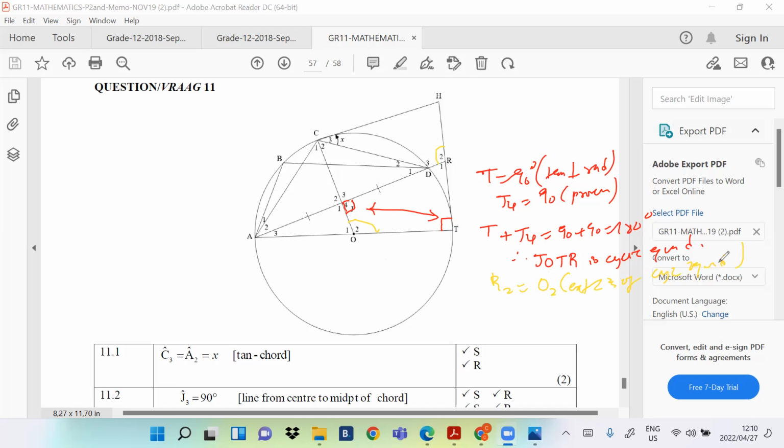Okay. But now what is O2? Did we get O2 at some point?